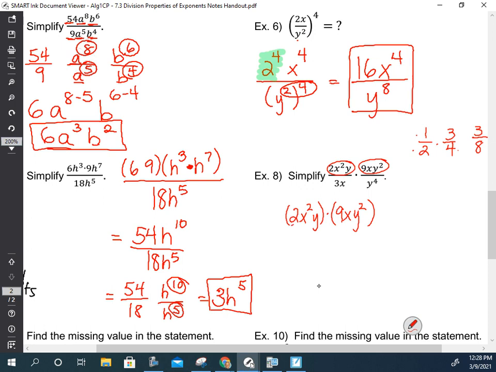So you have 2 times 9. What's 2 times 9? 18. Now let's deal with the x's. X squared times x to the first power. So that means you have to add the exponents. What's 2 plus 1? Good.